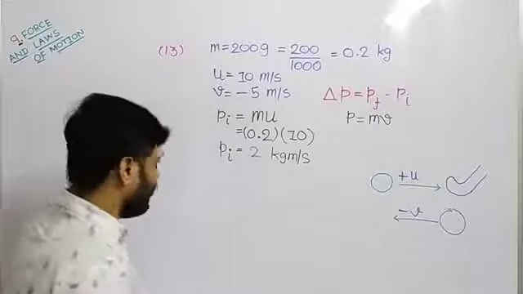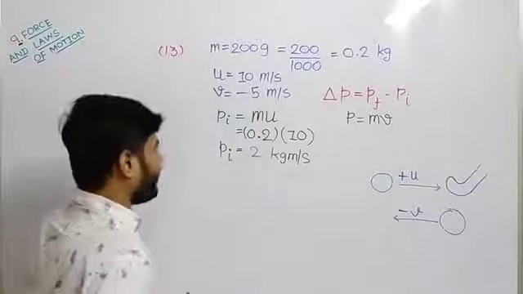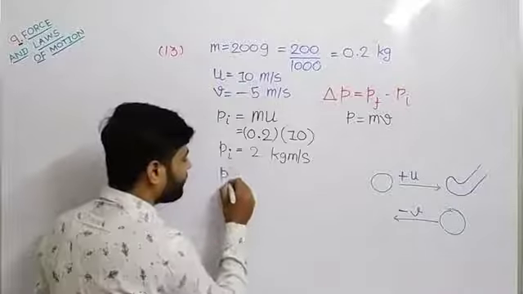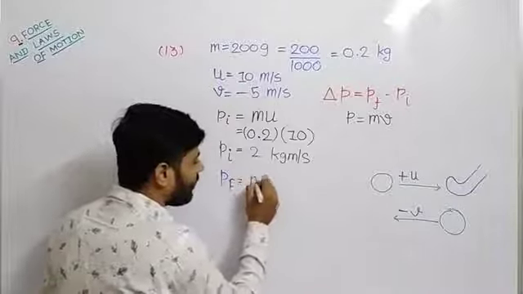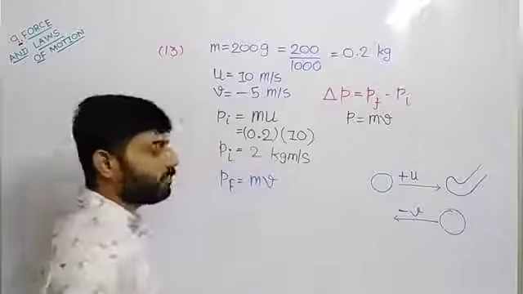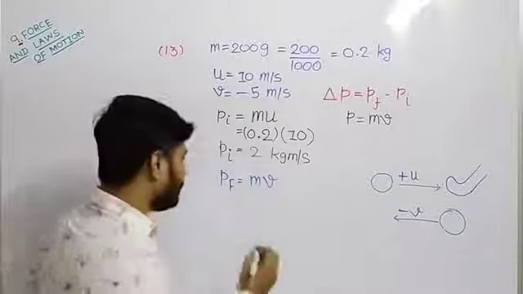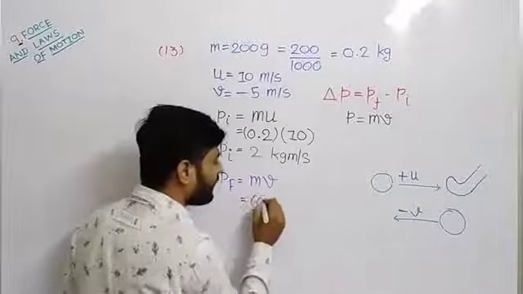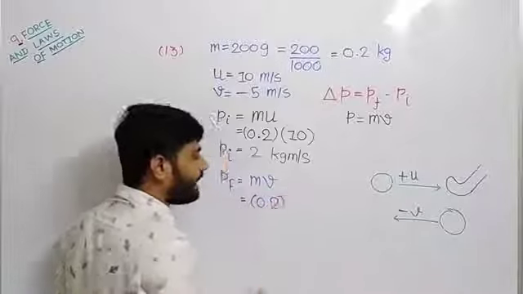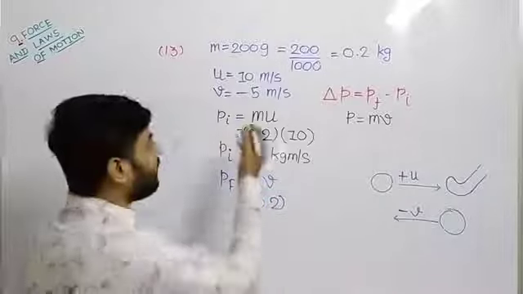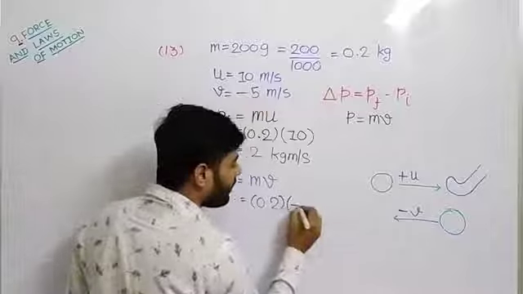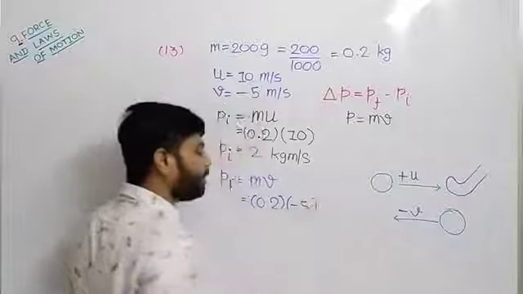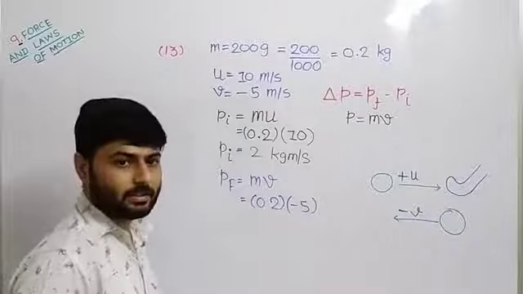Now final momentum PF, that is mass into final velocity. So I have mass 0.2 kg and final velocity as minus 5 meter per second.